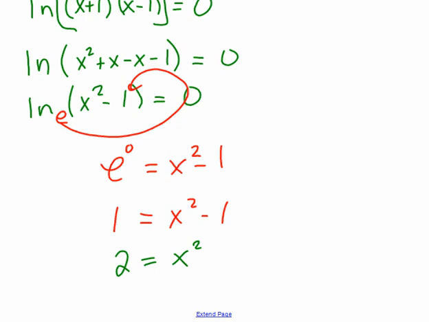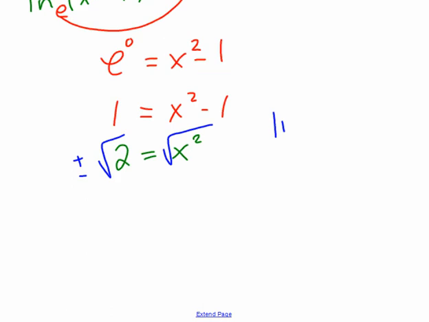And I go ahead and take the square root. Remember that when we take the square root, we always have to do plus or minus. But we have to be careful because then we go talk about our domain of our log graph. And we know that our argument always has to be positive, right?